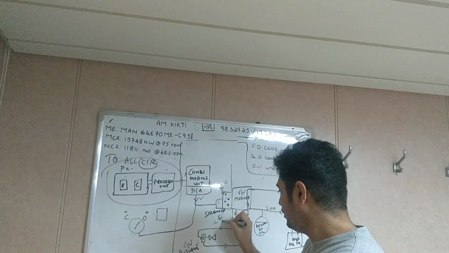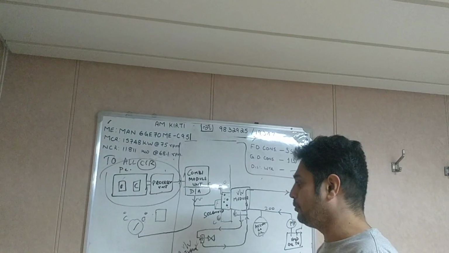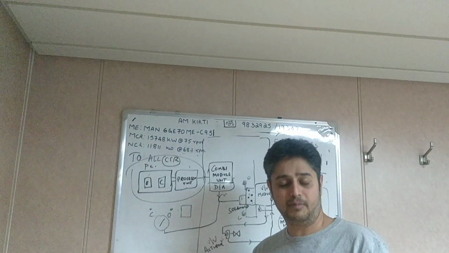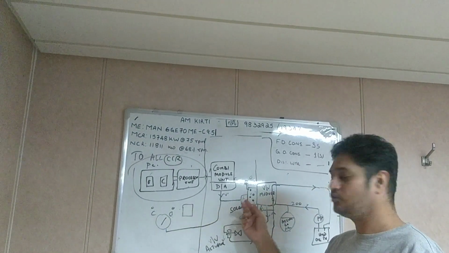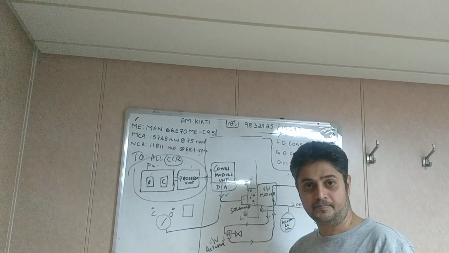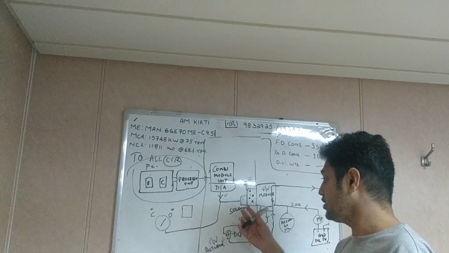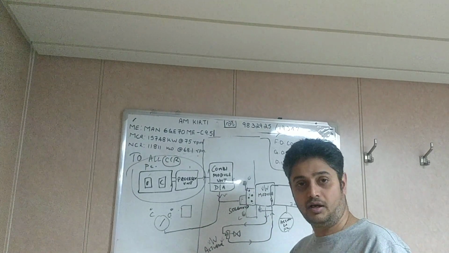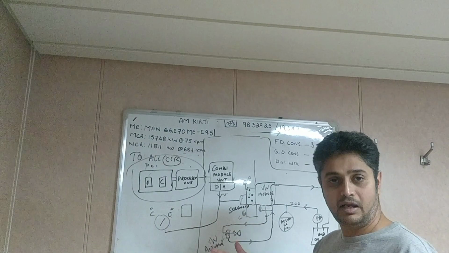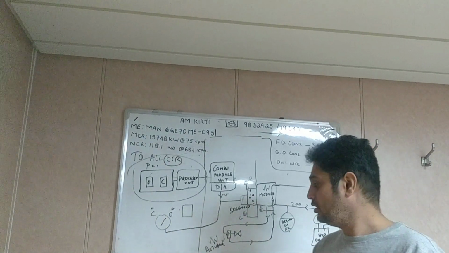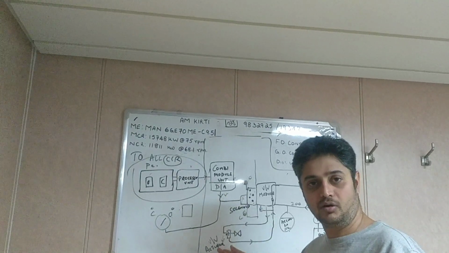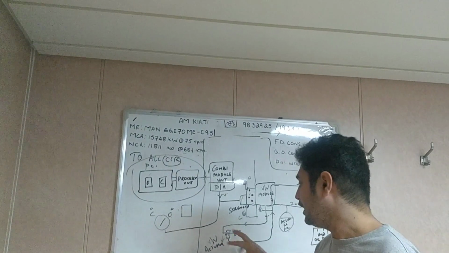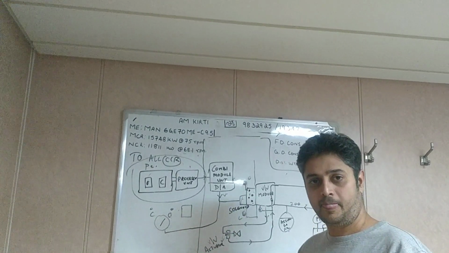What is happening here? Suppose you give the open command, but the light is blinking. First see whether the solenoid is getting energized. If the solenoid is getting energized and still the valve is not moving, then look at what is happening at the local valve by sending someone. Whether the valve is actually turning or not.